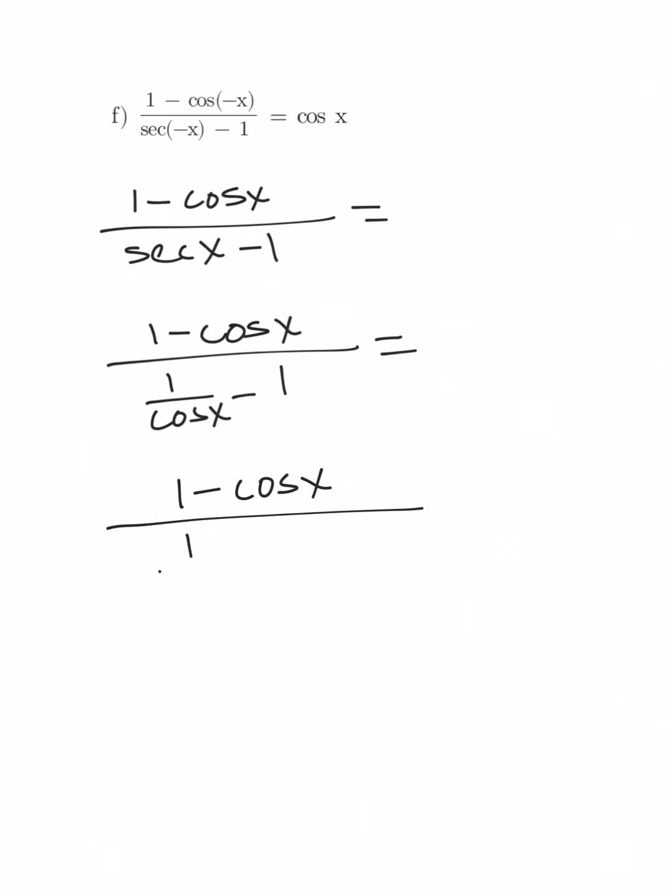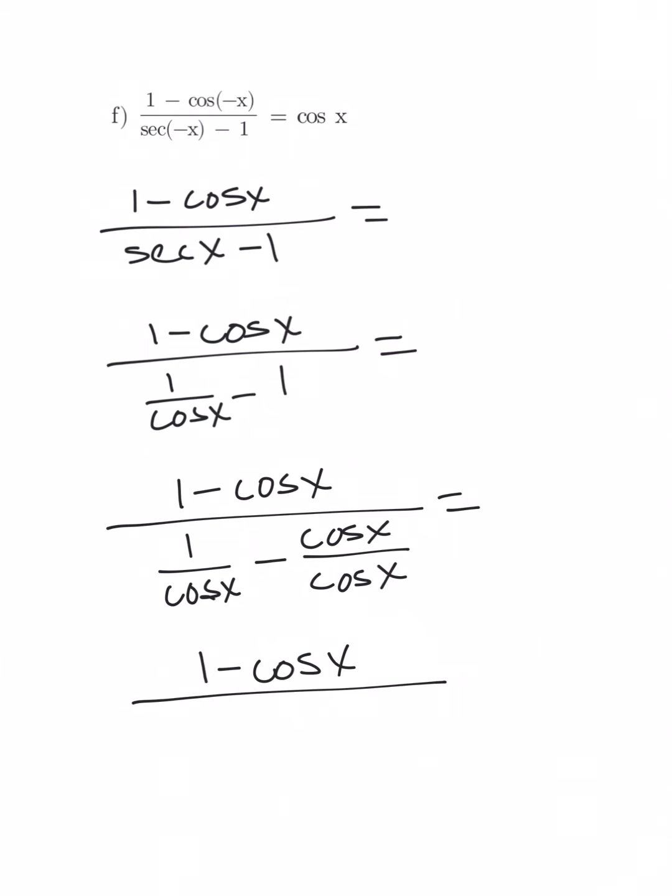We are going to create a common denominator in the denominator of the fraction by rewriting 1 as cosine of x over cosine of x. Now we have a common denominator, so we can subtract those two fractions within the denominator. Our numerator still is just going to stay 1 minus cosine of x.